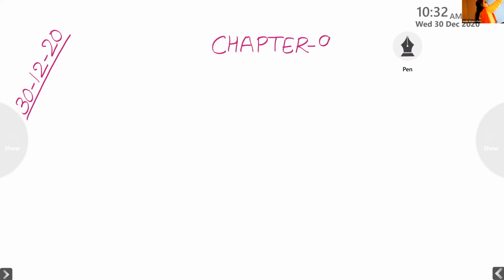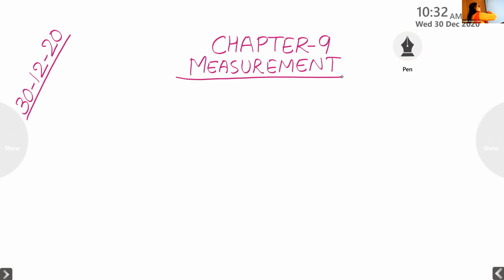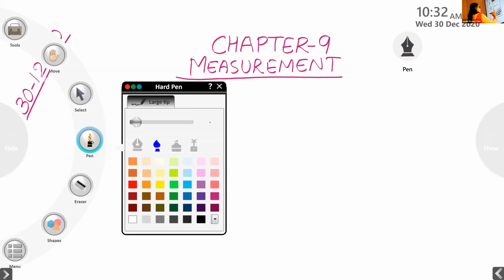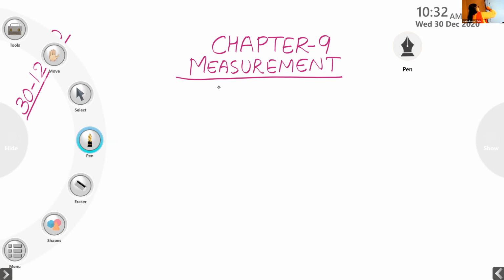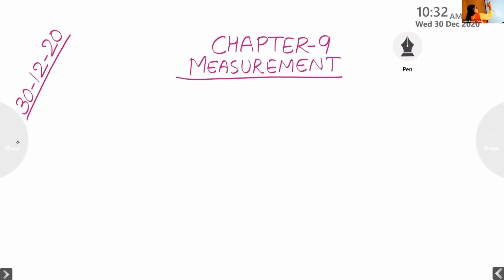Chapter 9, measurement. The first heading is length.